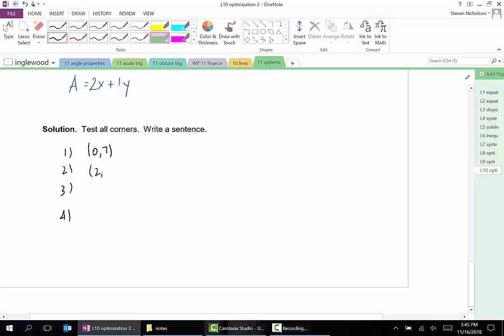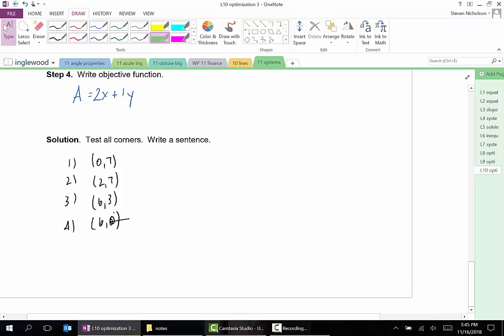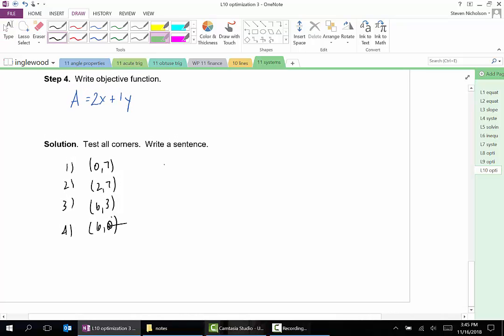Point number 2 is (2, 7). Point number 3 is (6, 3). And point number 4 is (6, 0). And again, I'm just going to substitute those into the objective function above for x and y, except I'm just going to write the amounts. So that would be 7, that would be 11, that would be 15, and finally this one would be 12.